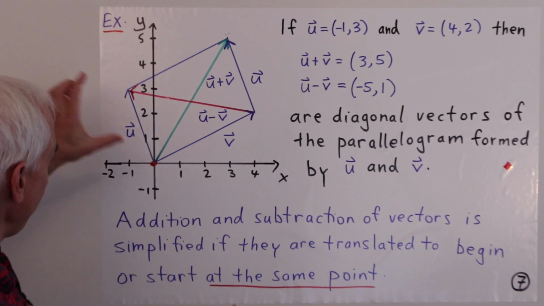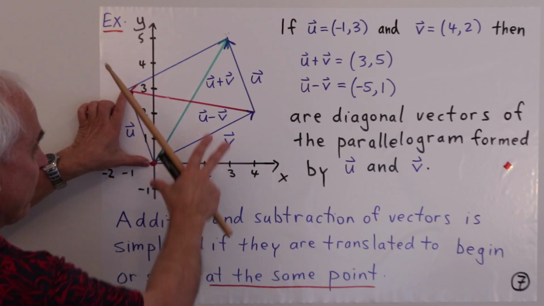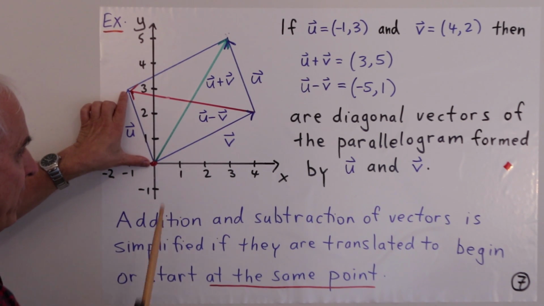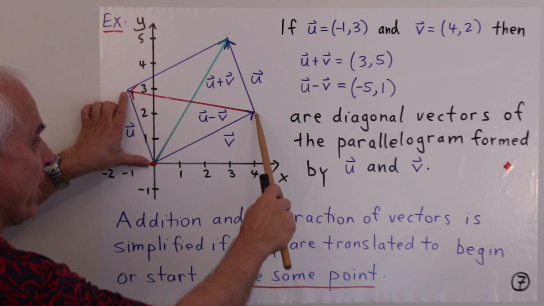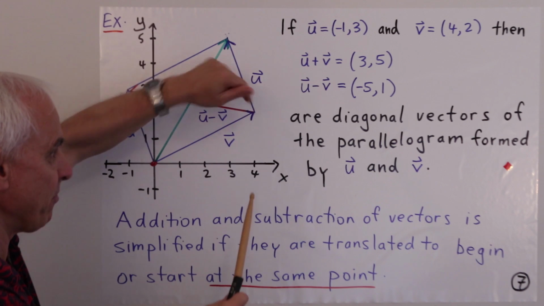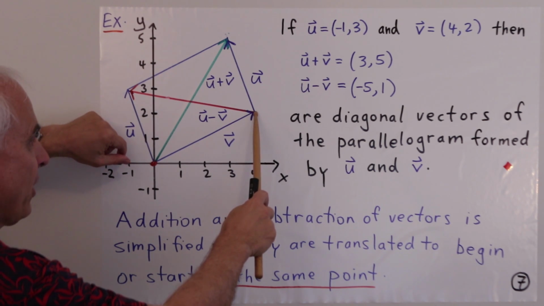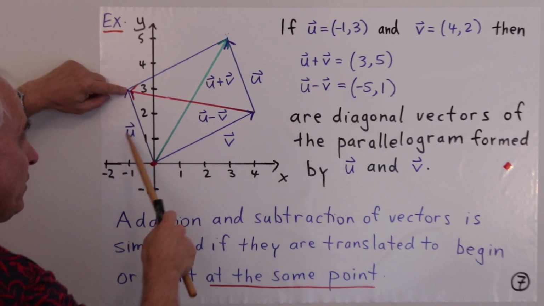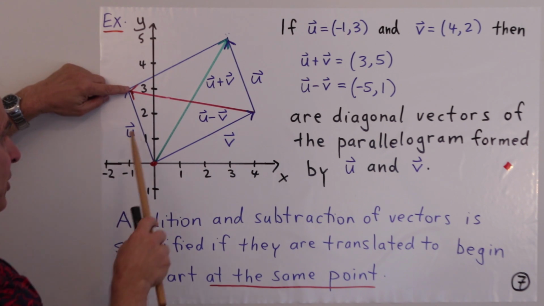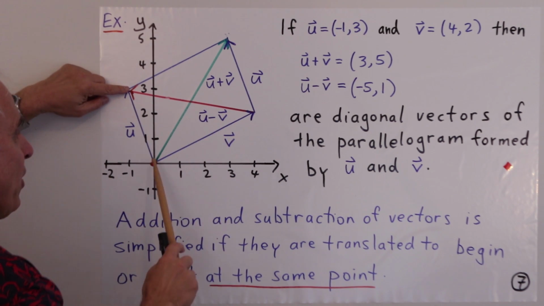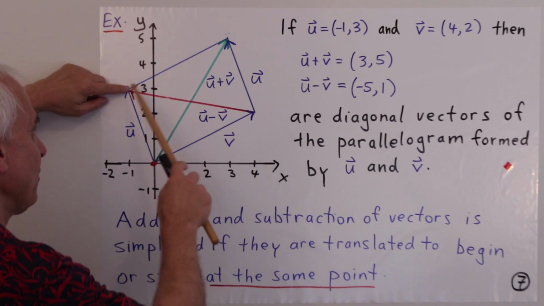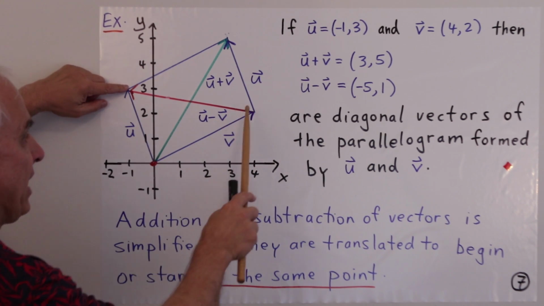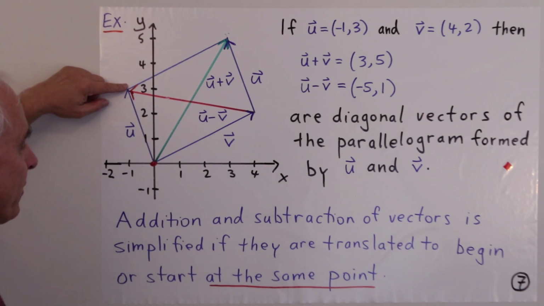The rule is that if we've got the vector u and the vector v, then the vector u minus v goes from the head, or the final part, of v to the head of u.